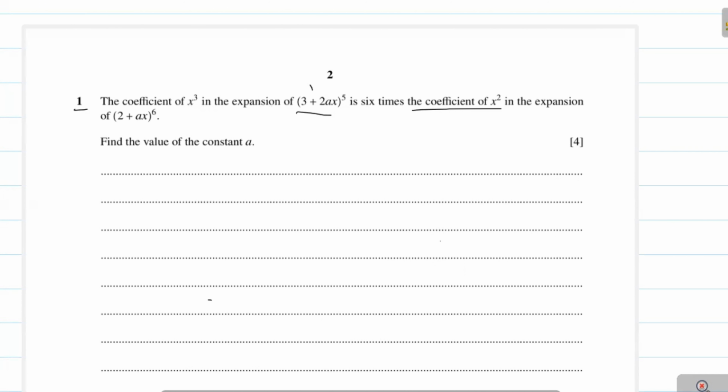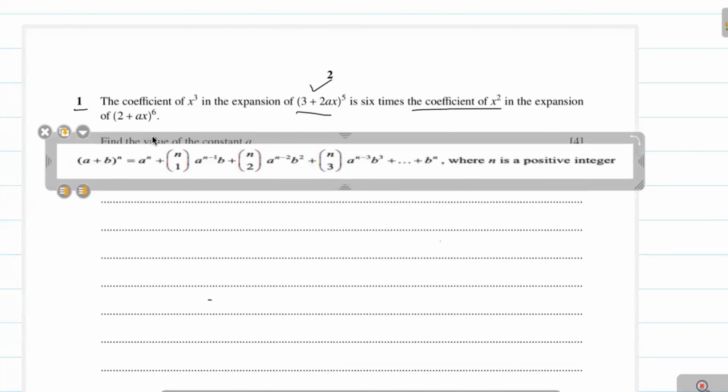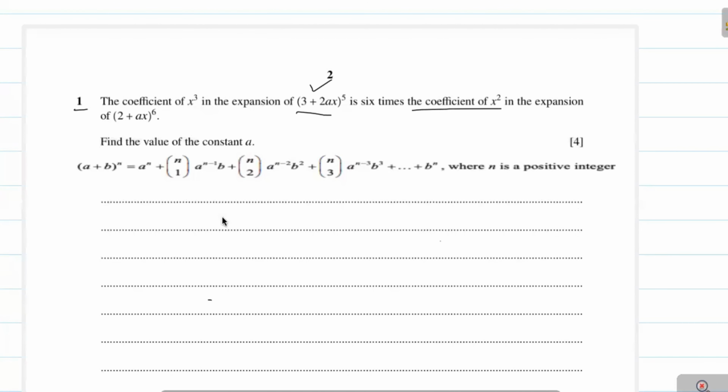You see here, this is the binomial expression. To expand the binomial expression, we use this formula, and this formula is given in your formula sheet. Therefore, we can expand this (3 + 2ax)^5 by using this formula.